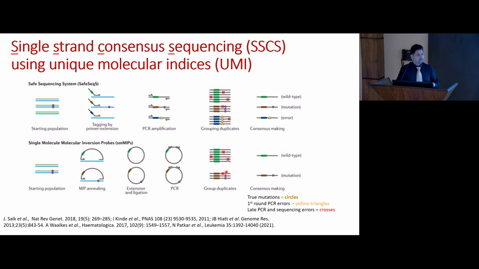So won't the errors get incorporated into that UMI? No. UMI never gets incorporated by doing PCR. UMI is always, or as far as possible, introduced using a PCR free approach. Then how would you amplify subsequently? So once you attach the UMI using a PCR free approach, subsequently PCR can come.